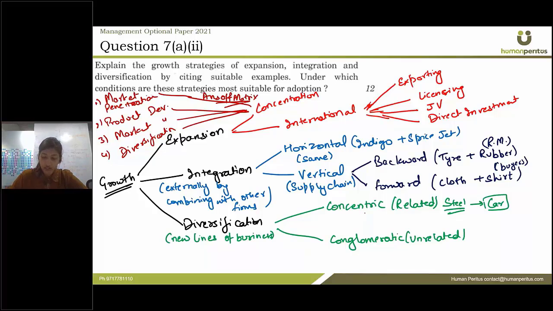Diversification, that we have done, can be done in two ways. All of these strategies are interrelated also, but if we are talking about expansion, integration, and diversification, that's how we can divide it. In this type of question, you can just draw a diagram and give a 1 or 2 line explanation of all the different types of strategies.